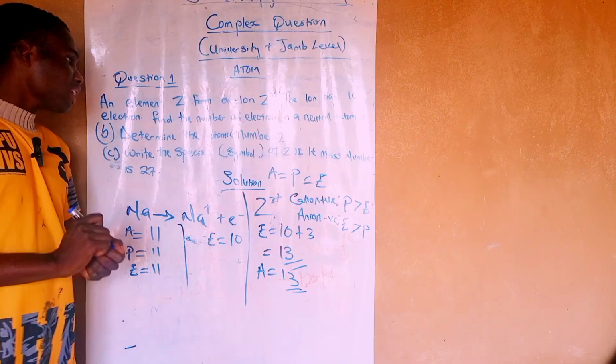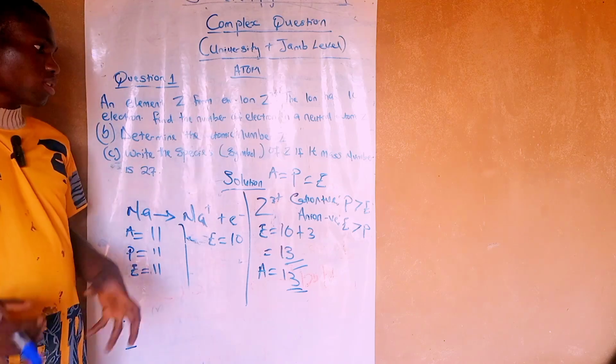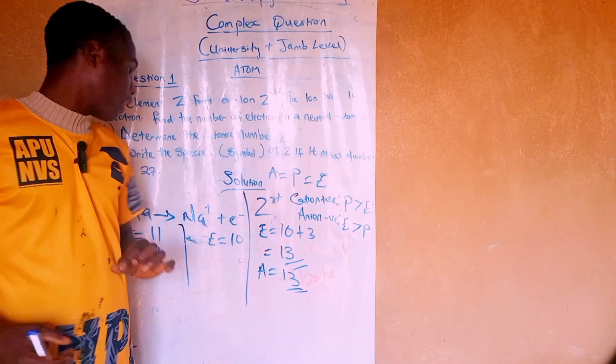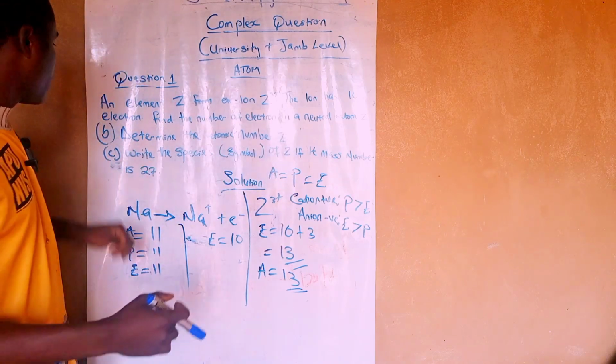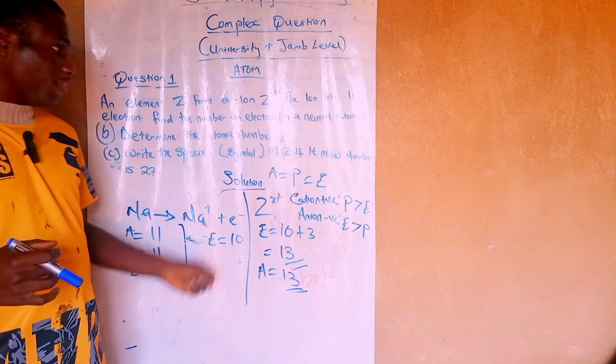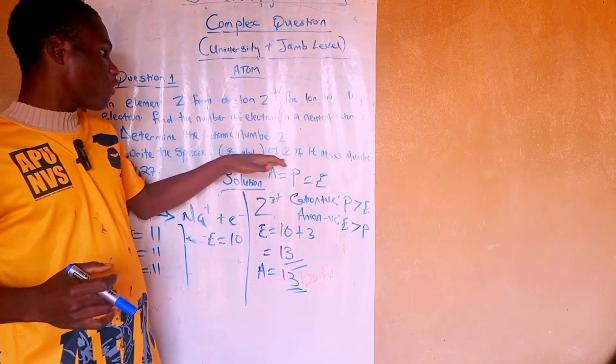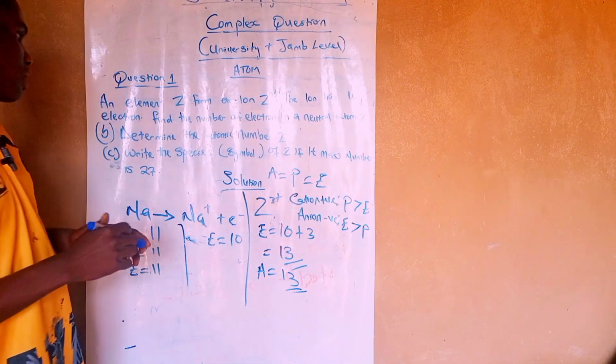So the last question says, write the species or symbol of Z if its mass number is 27.